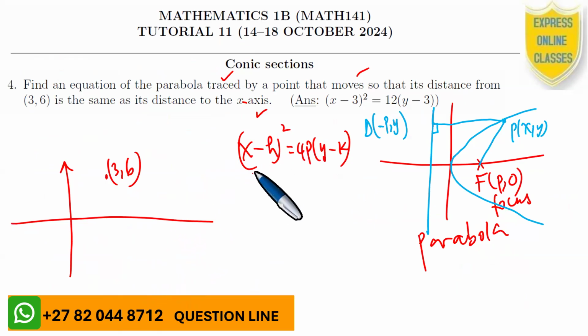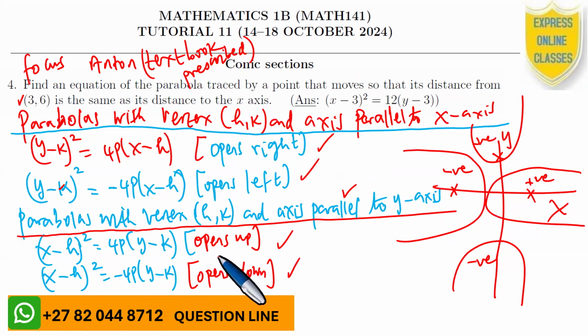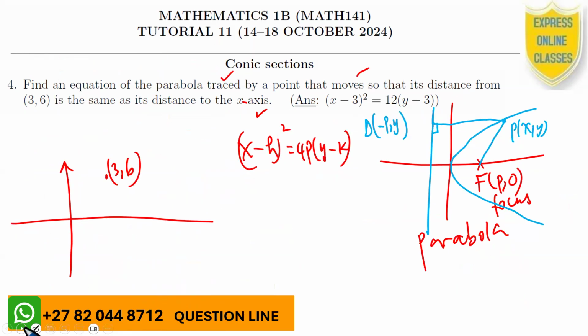And now, if the formula we can select, as indicated here, is the one that opens up, then we assume that these will surely open up.